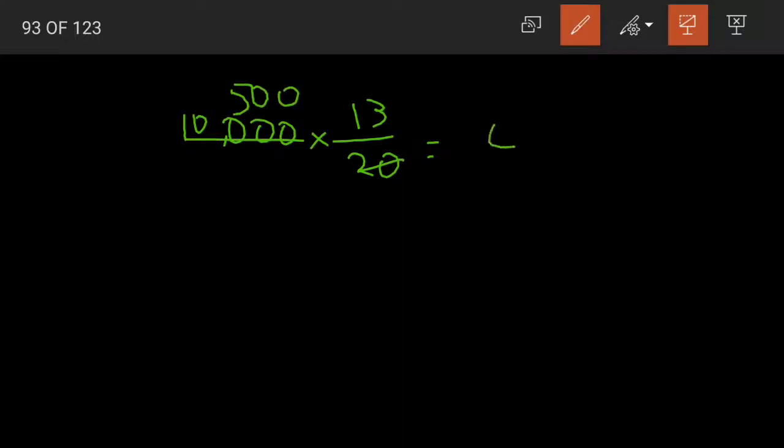Or what you can do is, you can first multiply 10,000 with 13 by 20. How much will it be? Again 500s are 4,500. Yes children, so 4,500 is spent.